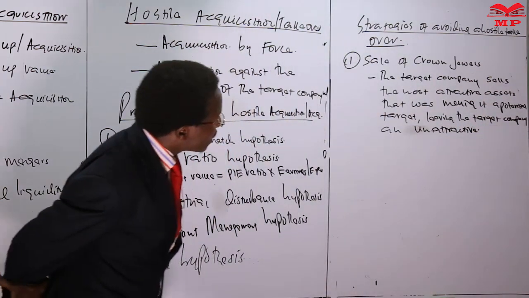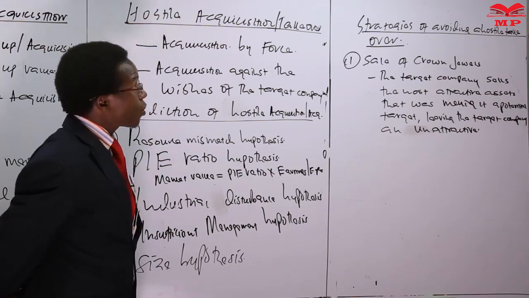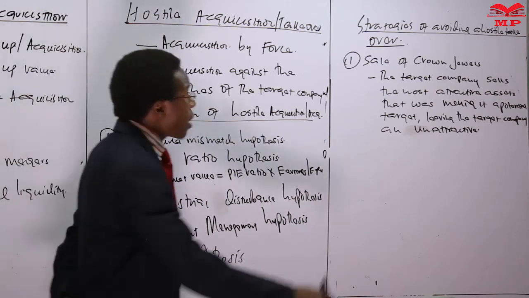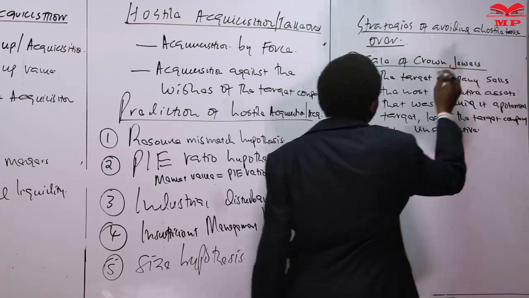That is a very influential kind of strategy. Sale of crown jewels.